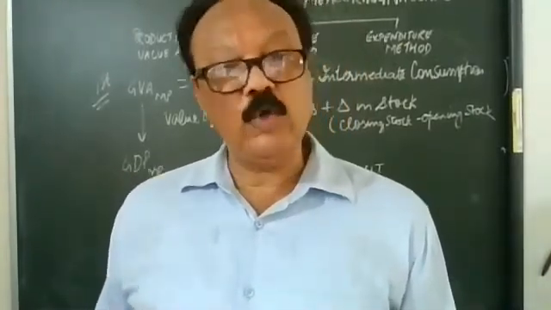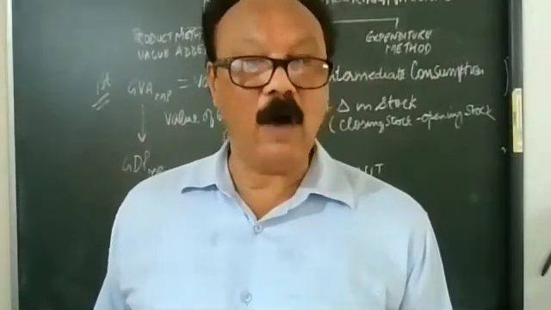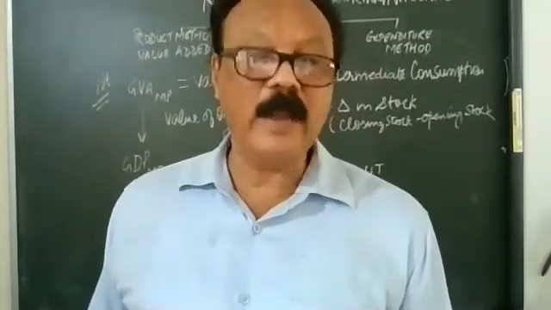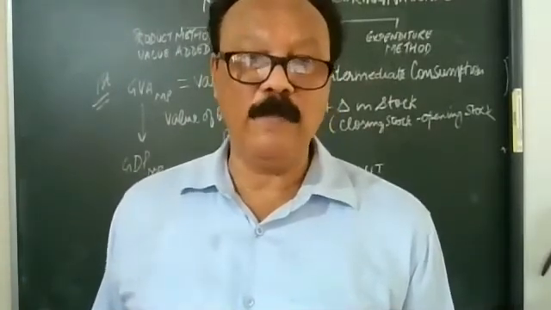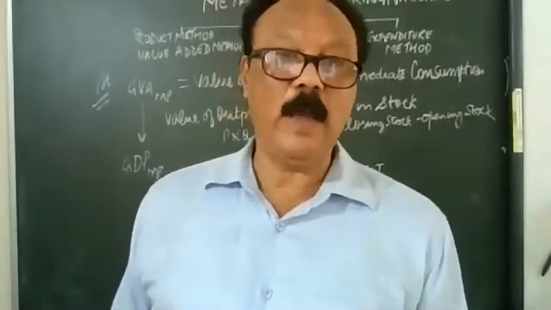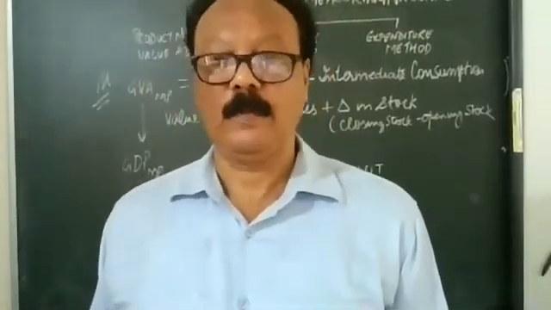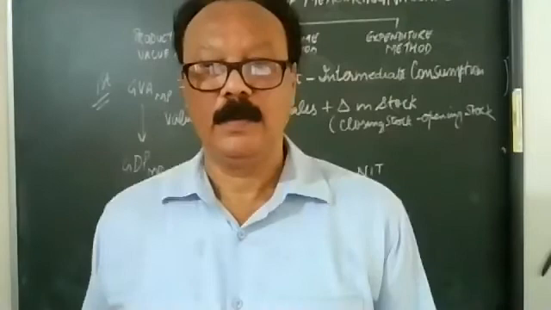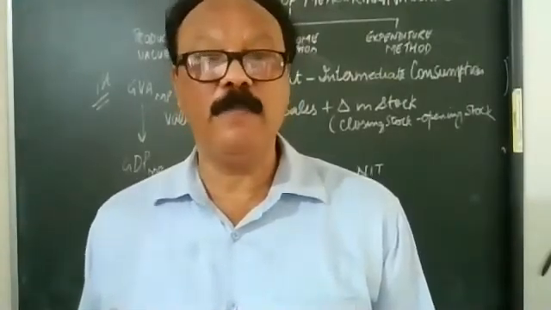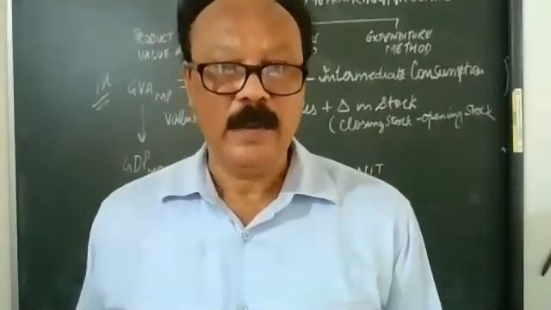So, to take into account the housing services enjoyed by the house owners, what would we do? We will take an estimated or imputed market value, so that it could be included in the value added method. Another word for imputed is estimated.